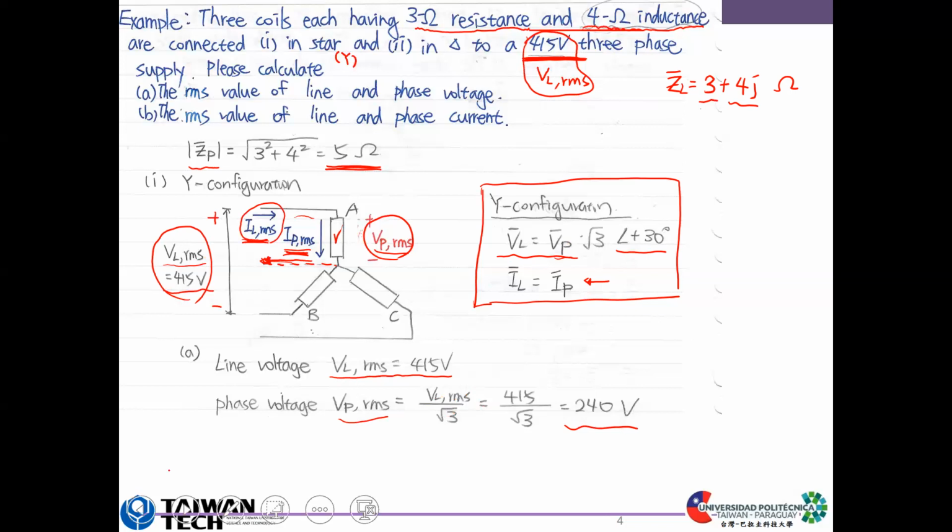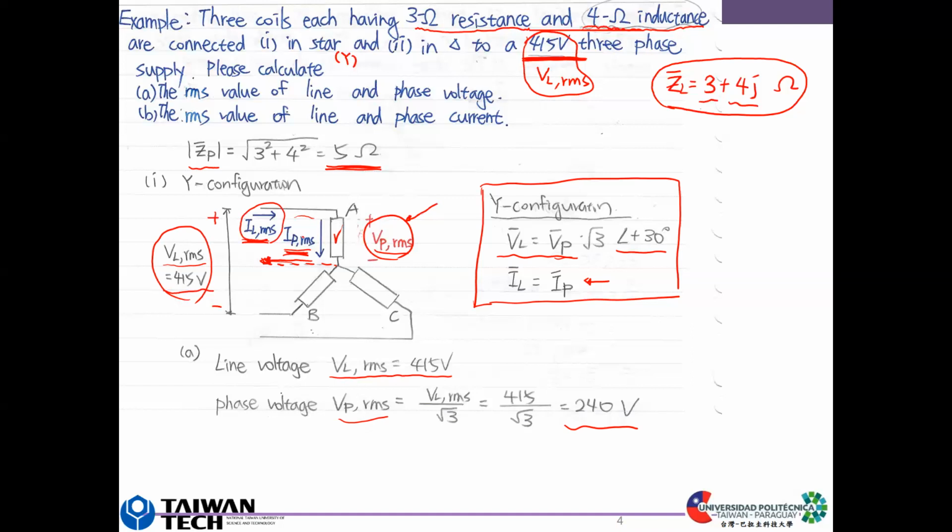So we answered problem A, and then we look at problem B, where we are asked about line current and phase current. We have the line voltage and phase voltage. Since you calculated the phase voltage, and you are told about ZL, we can calculate the amplitude of ZL.